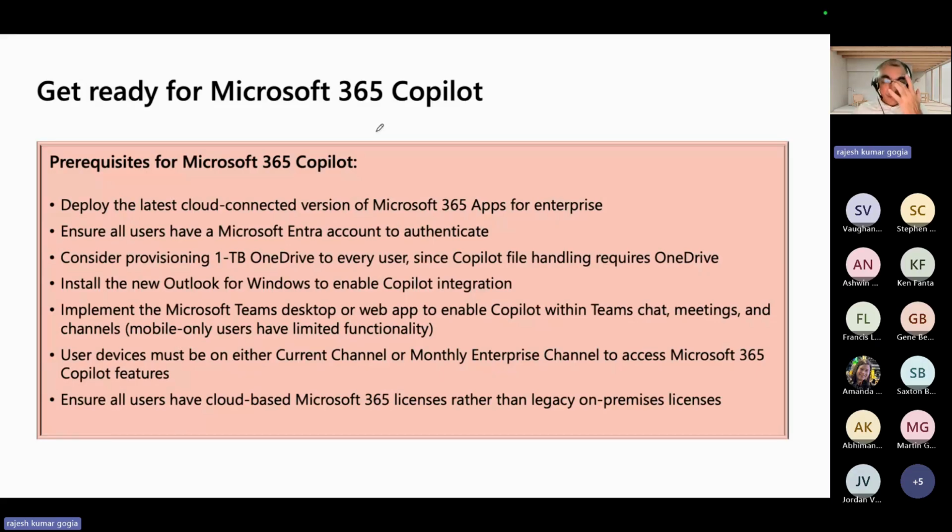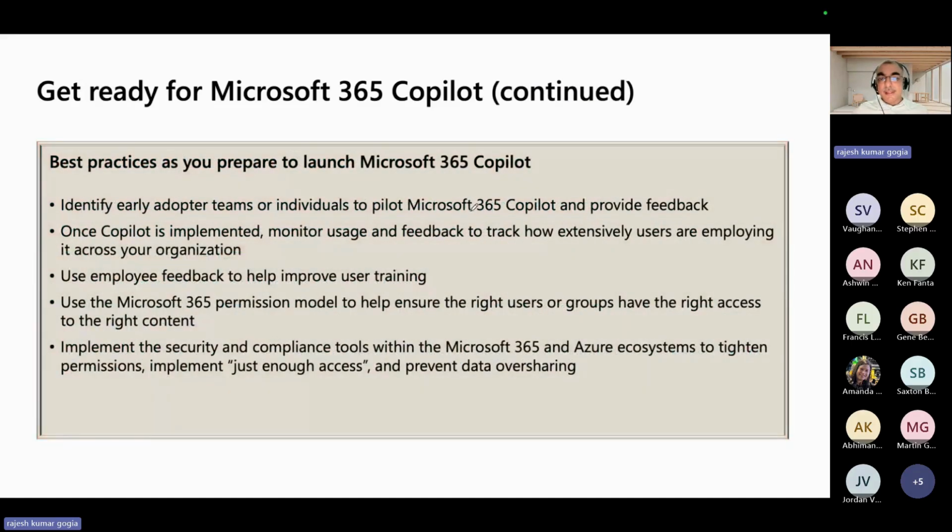And definitely, if the organization has already planned to go ahead with Copilot, there are certain prerequisites, the versions and the service, and more importantly, the license. So when it comes to the best practices, as you're preparing to launch Copilot, identify the early adopters, individuals. Why? Because based on the adoption itself, you're going to get employee feedback as well, a reason to improve your user training.